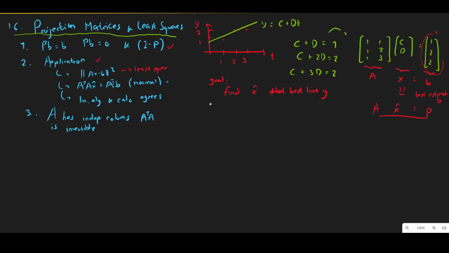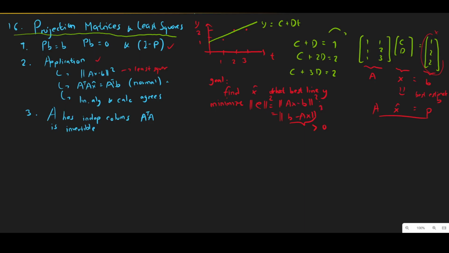We minimize the error, which is Ax minus b, and there's a convention of giving the square there. So this is equal to b minus Ax, of course, because this value cannot be negative. We're interested in the length of vector e, so that's why we give it this notation and the square of it. That's a convention.